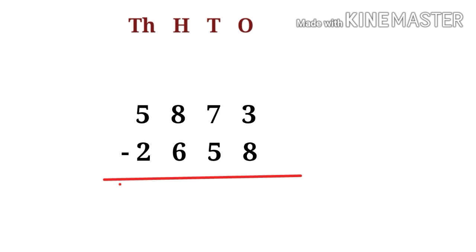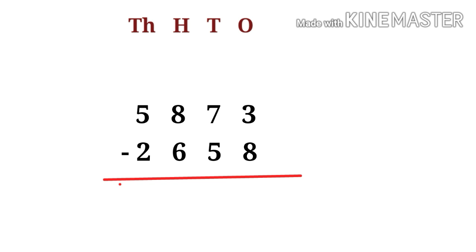Now, let us start subtraction. Here, the ones place digits are 3 and 8. 3 is lesser than 8. So, we cannot subtract. So, we can borrow 1 from tens place.